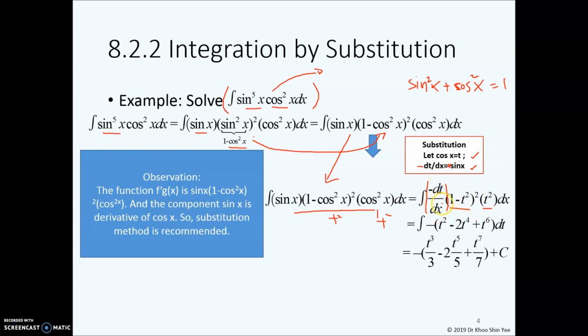Then for this function, we can cancel the dx. dt we bring to the back. The negative will remain here. So these two terms can be multiplied.